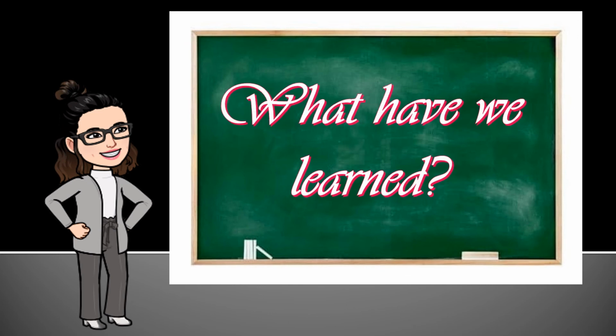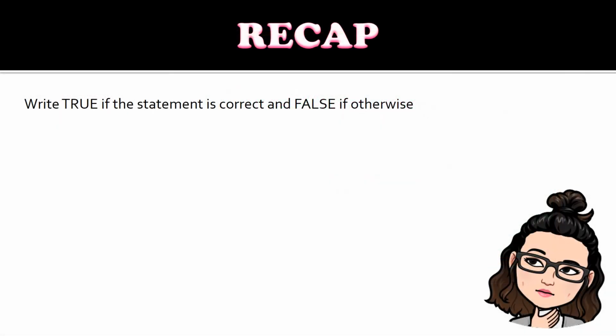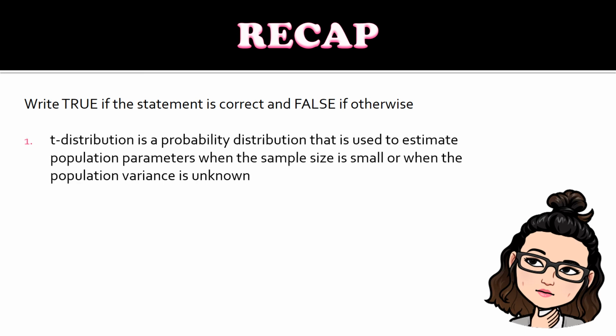Now let's check what we have learned. Write true if the statement is correct and false if otherwise. Number 1. The t-distribution is a probability distribution that is used to estimate population parameters when the sample size is small or when the population variance is unknown.